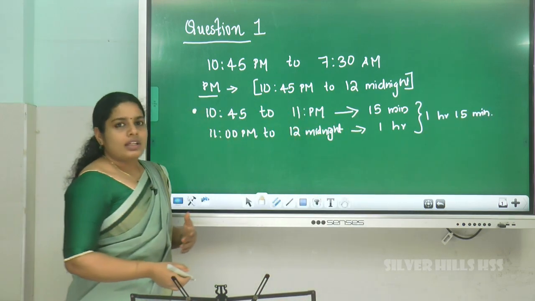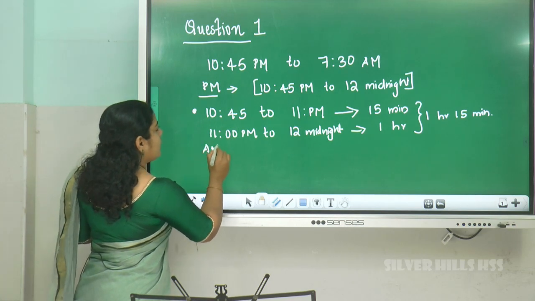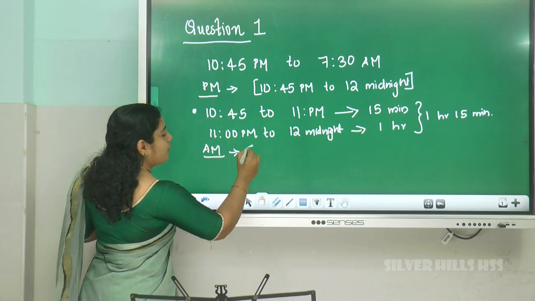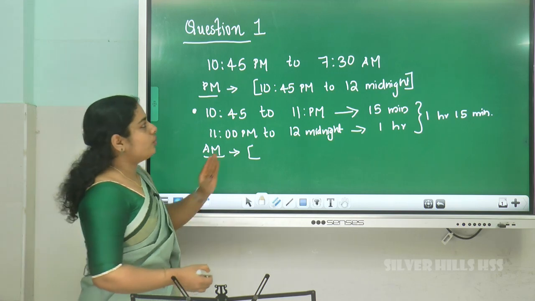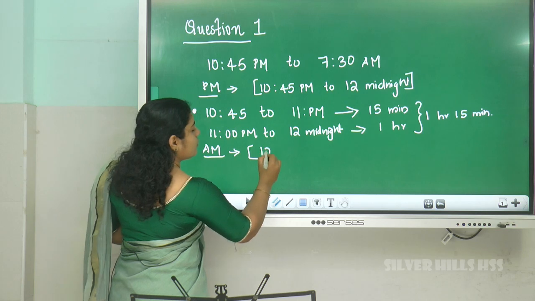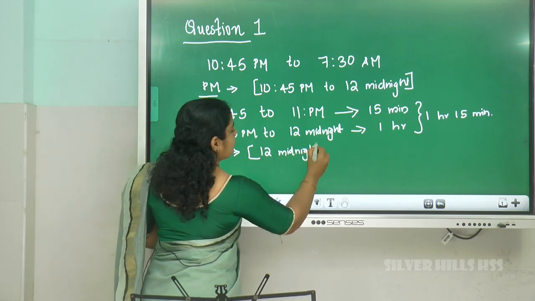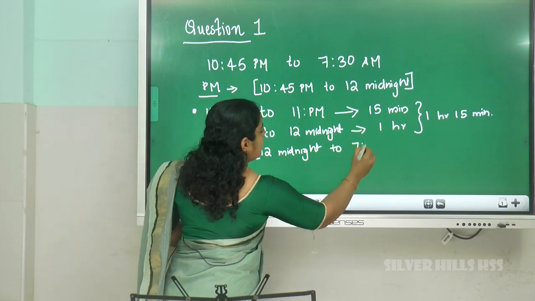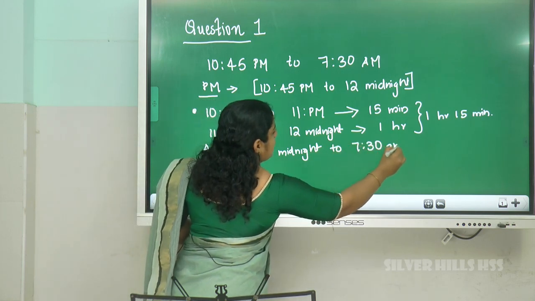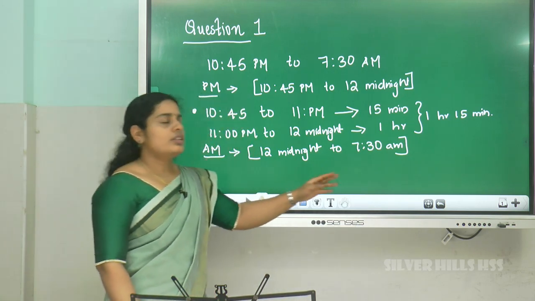Now, we will calculate the time in the a.m. part. And a.m. means from 12 midnight to 7:30 a.m. Here, no need of calculating from 12 to any time.